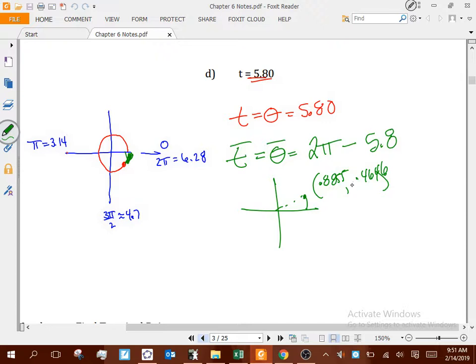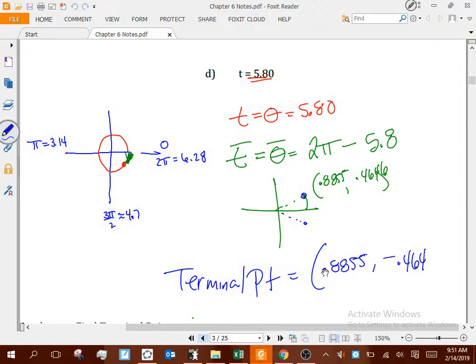Then the terminal point would be what? If this is the point in the first quadrant, and the terminal point is this one down here, what do I need to do with these numbers? Make the y one negative. Okay. Now think about this.